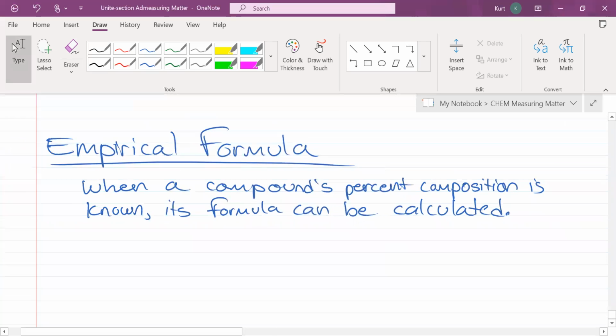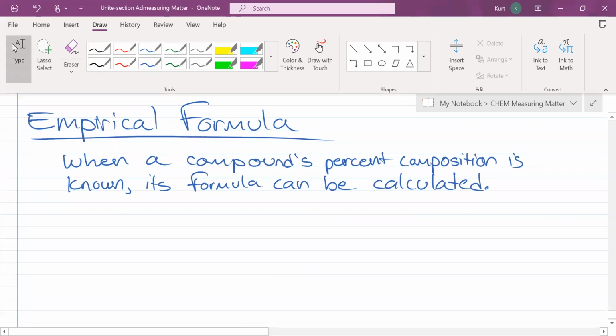So we're going to do an example here, and as I've done before, I'm going to give you the step-by-step procedure on how to do it, and that will be it for today, okay?